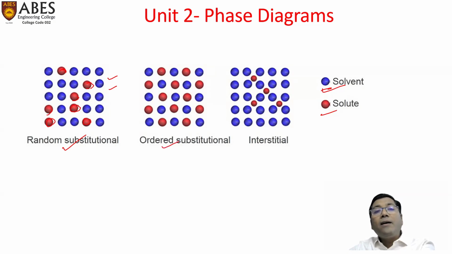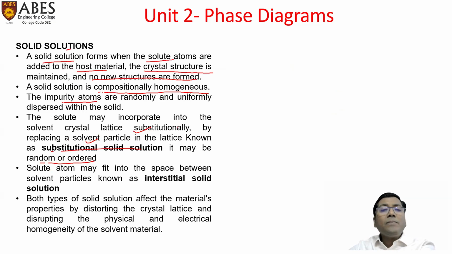Here the red atoms, or solute atoms, which have substituted the solvent are ordered, meaning every alternate atom is substituted by a red atom. So this is an ordered substitution, having the substitution orderly. It is called an ordered substitutional solid solution.